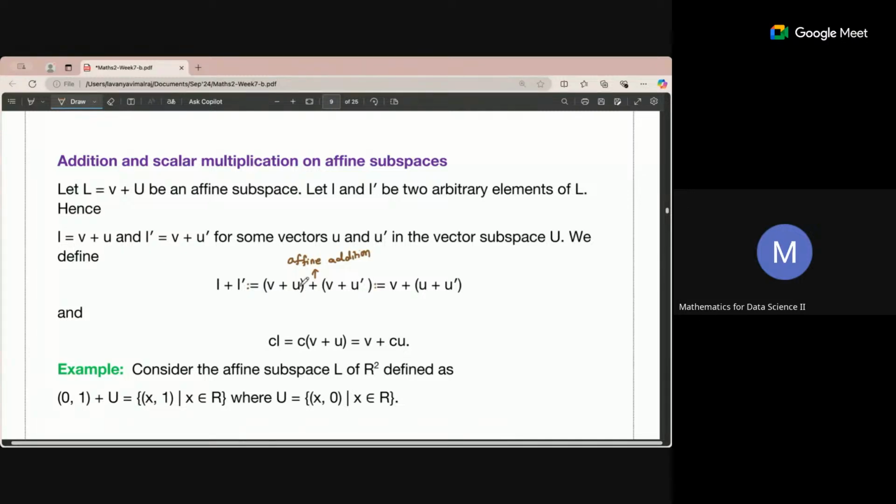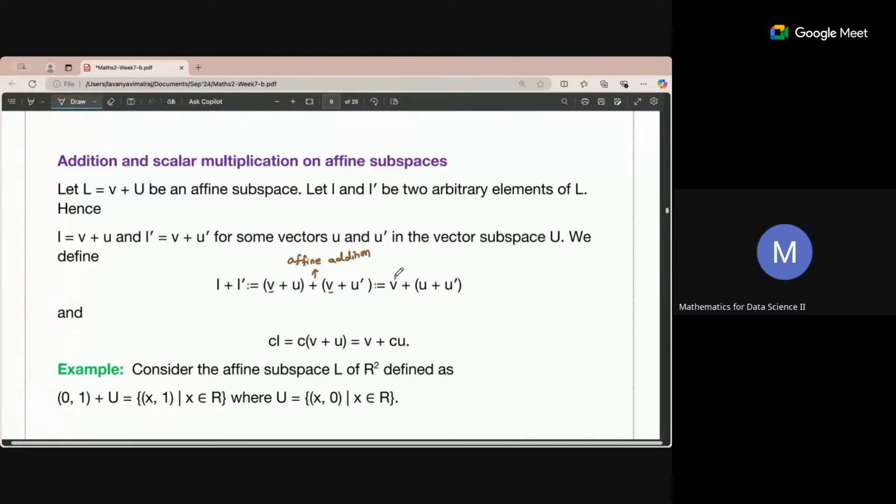So now you have two elements from L, and how are we going to add? You know how addition works in a subspace. So only this part is fixed. So we are going to add the elements of the subspace alone and leave this vector V as it is. So V plus U plus V plus U dash is defined as V plus U plus U dash.